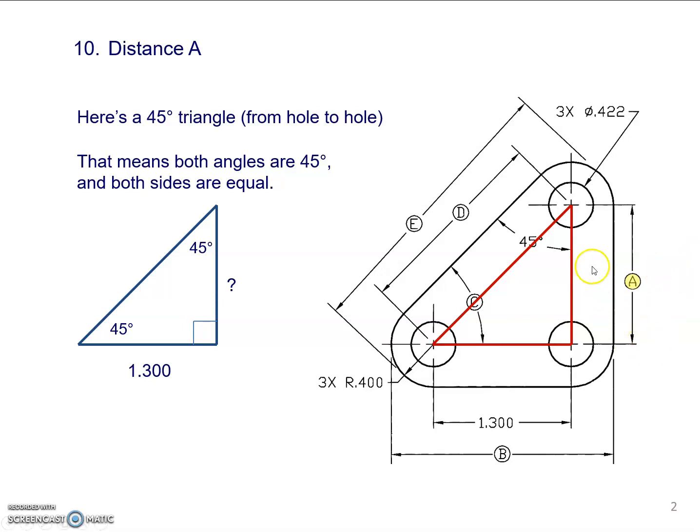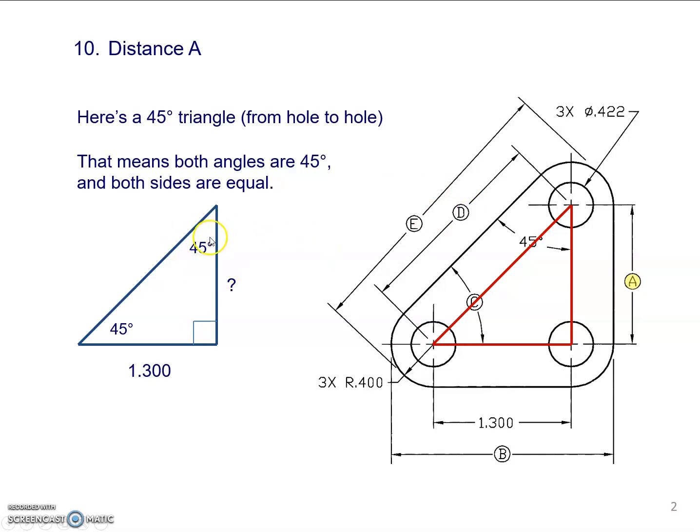What do we know? We know that one angle up here is 45 degrees. And we know from one of the fundamental rules of dimensioning that this angle down here must be 90 degrees. If it looks like 90, it is 90. So we have ourselves a 45-degree right triangle.